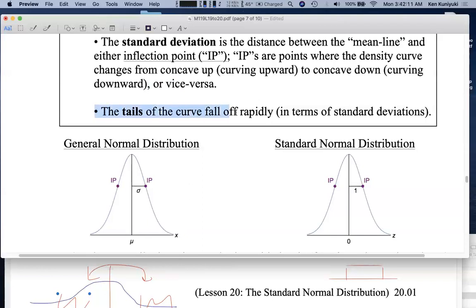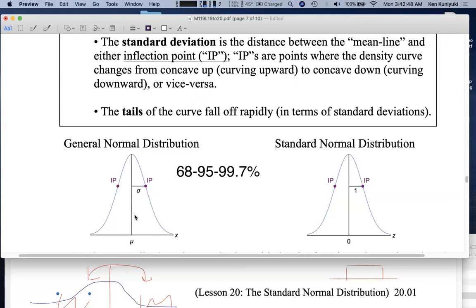Also, the tails of the curve fall off rapidly in terms of standard deviations. Remember the empirical rule: 68, 95, 99.7%. 68% of the data, in normal data sets, roughly, would be within one standard deviation of the mean.